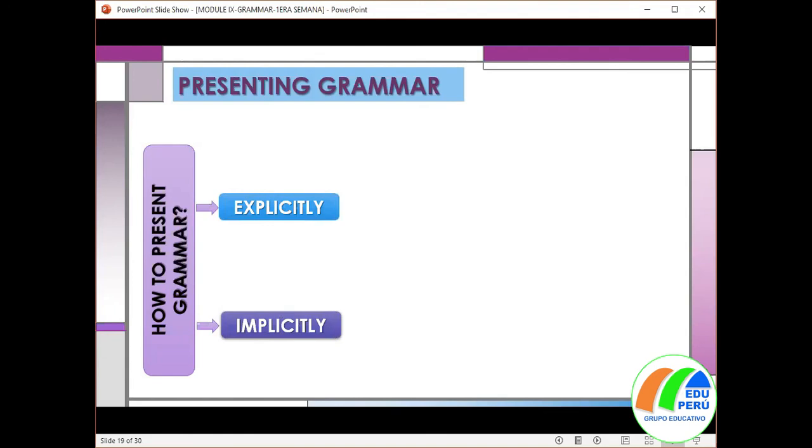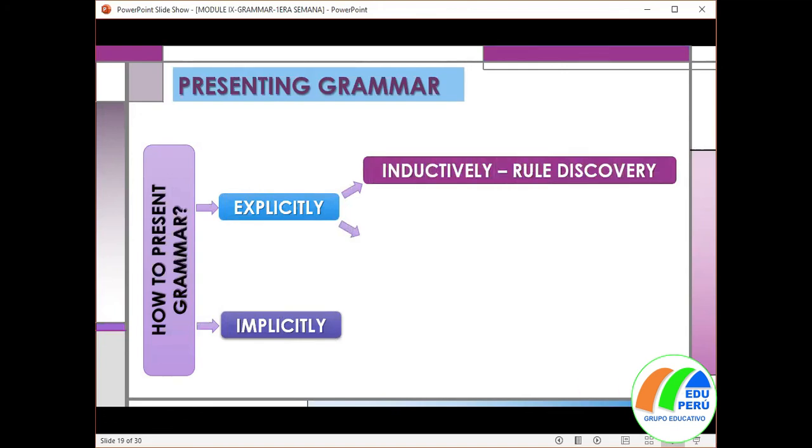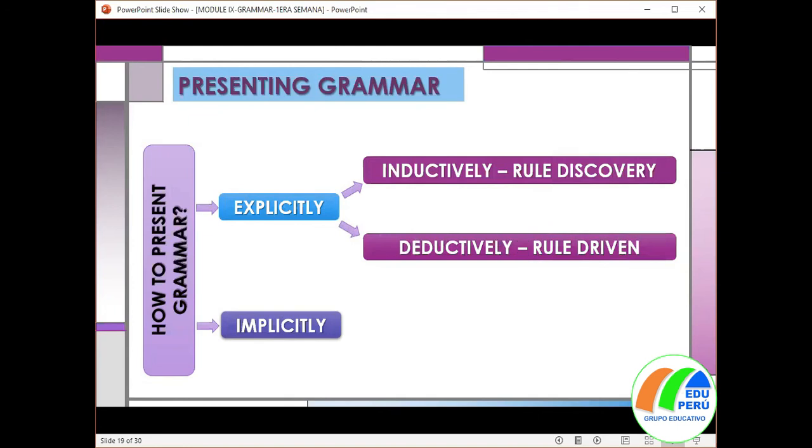Most of the time, we use the first one, the explicit way. So explicitly, we have again two ways: inductively, which means rule discovery, and deductively, rule driven.